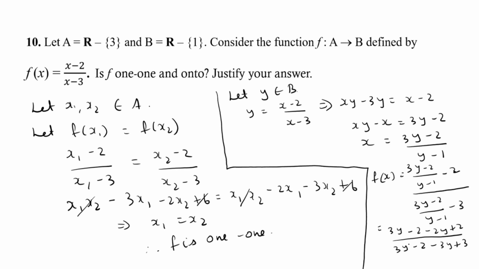So we get, 3y minus 3y will go, minus 2 plus 2 will go. So we get y divided by 1. So this is equal to y. Therefore f is onto. So we got f is 1 to 1 and f is onto.